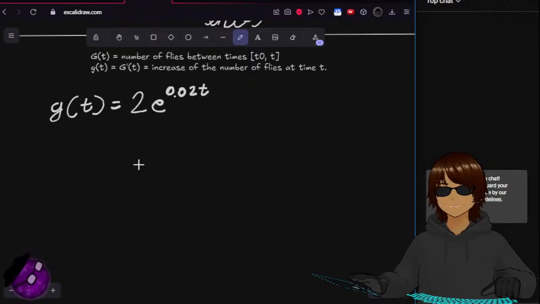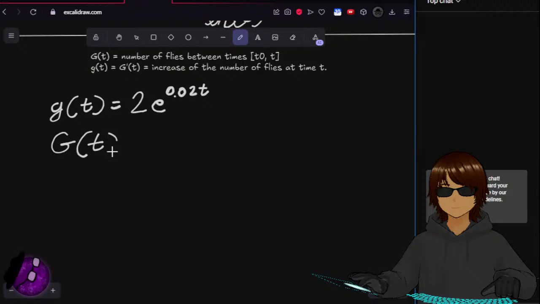So the antiderivative of this, wait, hold on.